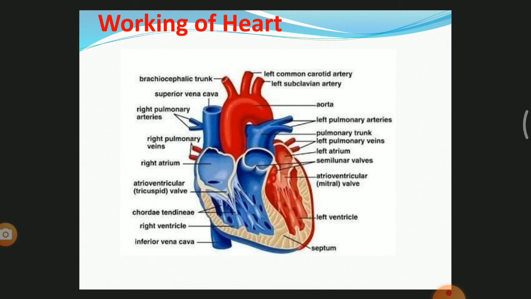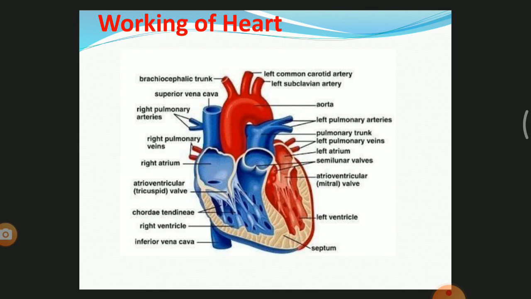Once the blood enters the left and right ventricles, the auricles are in diastole, and then the contraction of the ventricles starts. Both the ventricles contract at the same time. Once contracted, this gives force to the blood inside the ventricles.